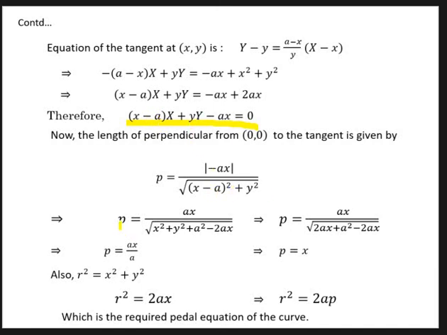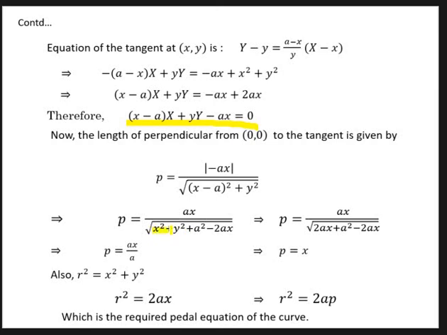We get p is equal to ax by root of x square plus y square plus a square minus 2ax. Further, this implies p is equal to ax by root of 2ax plus a square minus 2ax. See, x square plus y square is equal to 2ax is the given equation.